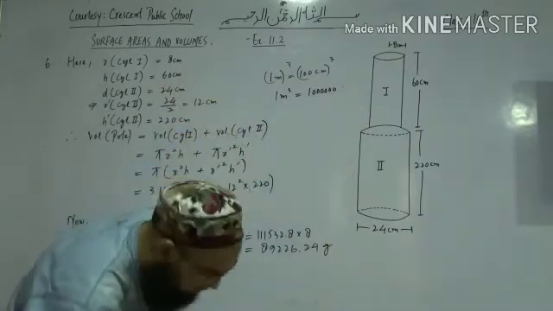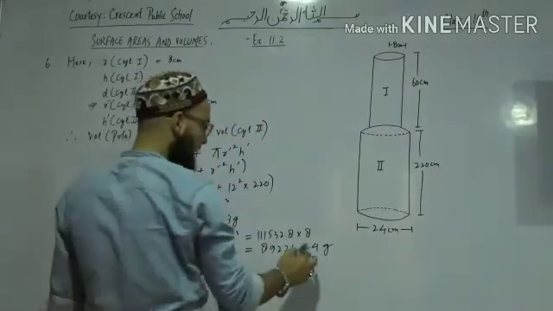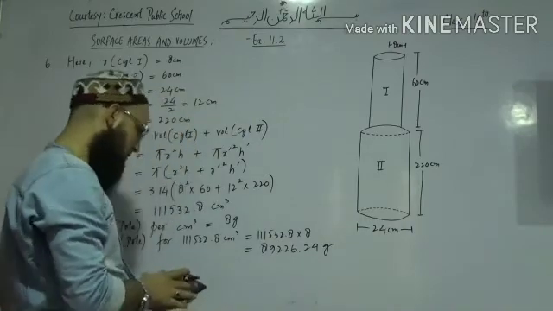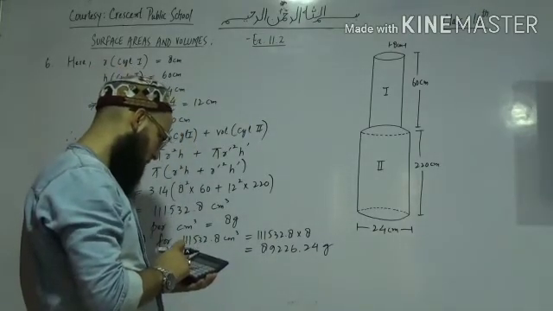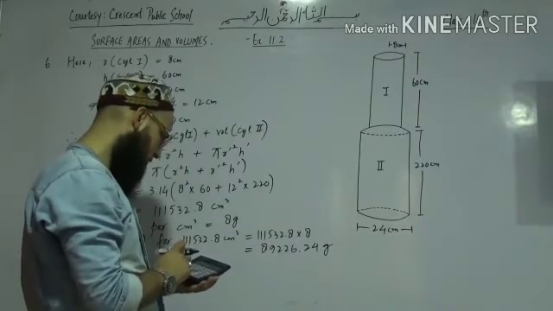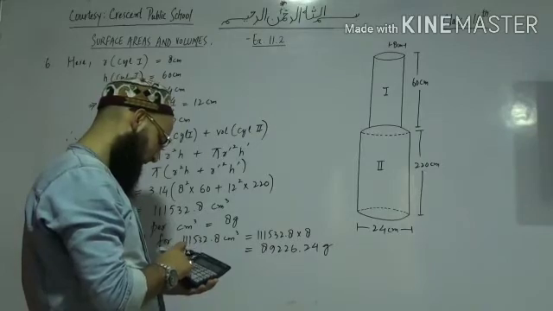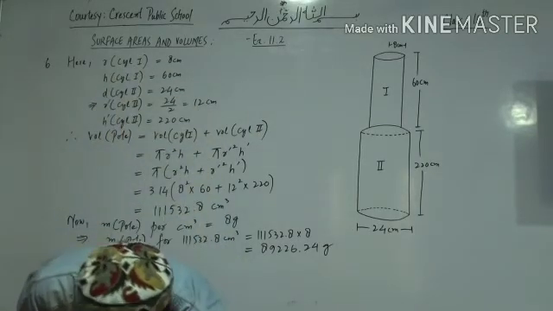Sorry, I need to convert to kilograms. I need to convert gram to kg, so I just divide by 1000, so normal thing. 89226.24 divided by 1000, so I get 89.22.